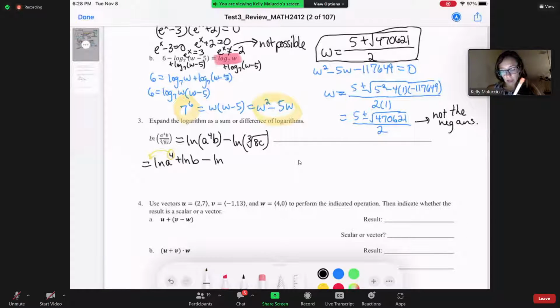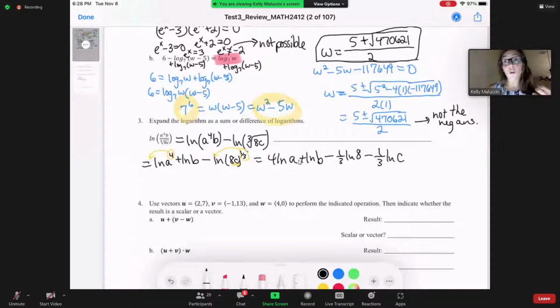I can say ln of 8c to the 1/3 and bring this 1/3 in front. In which case you'd get 4 ln a plus ln b, and then minus, and we can split up the 8 and the c, so I'd have minus 1/3 ln 8 minus 1/3 ln c.